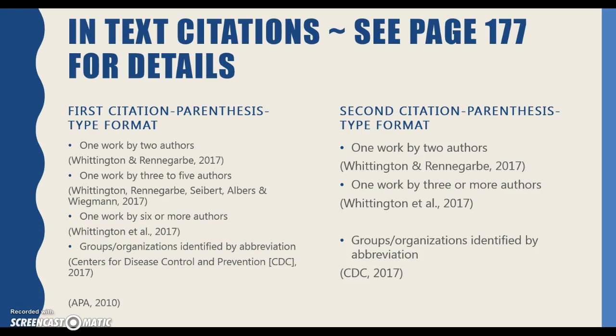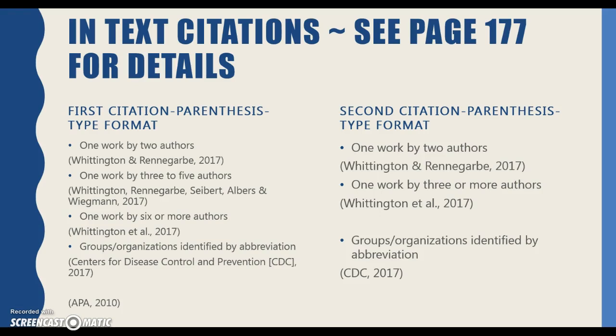And if there's more than 2 authors, and I know this sounds confusing, after the first citation, you use the et al. format. So just kind of keep that in mind. If you have one work that has 6 or more authors, the first citation, you may use the et al. format. So just kind of keep that in mind.